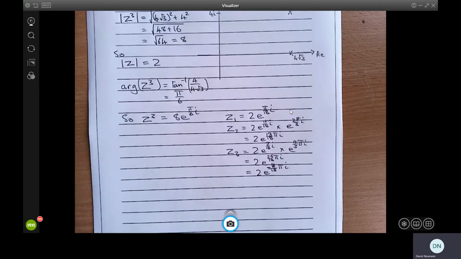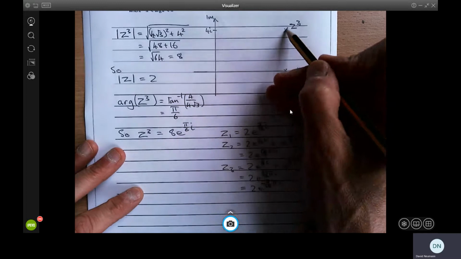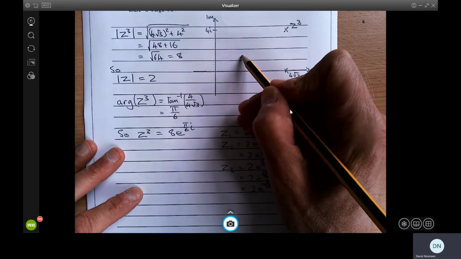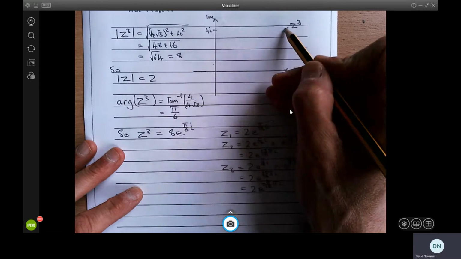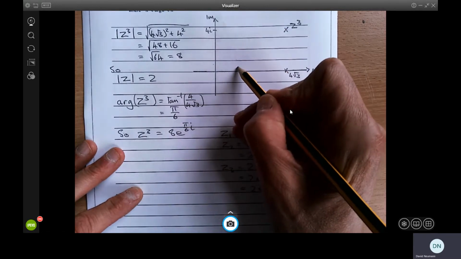The other way that you can think of this is that if this is z cubed here, this is length 8, we've got something of length 2, and its angle is 1/3.